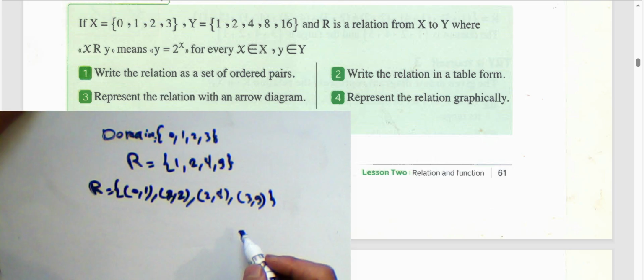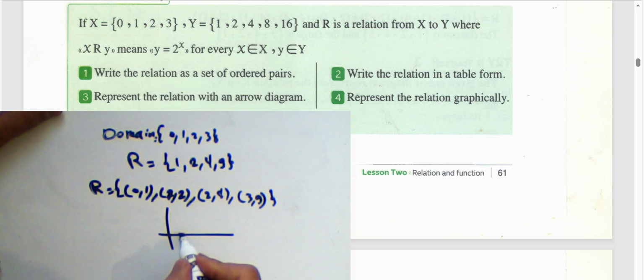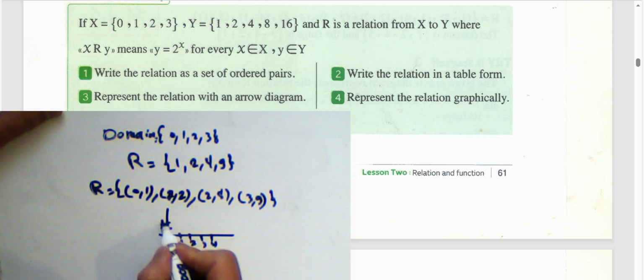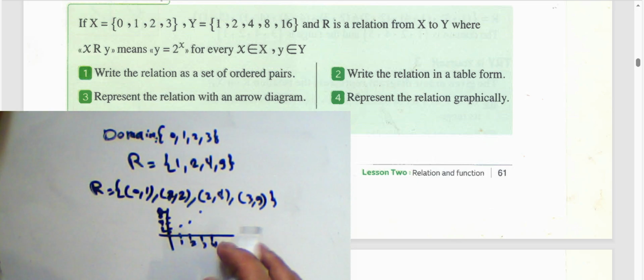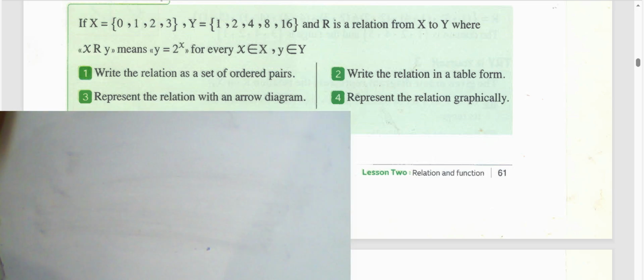And the relation about Cartesian: we have 1, 2, 3, 4 and 2, 4, 6, 8. The image with 0 is 1, and 1 with 2, and 2 with 4, and 3 with 9. Only we don't have 4 here. We don't have 4 in x. Okay, then you can cancel 4 and 16.